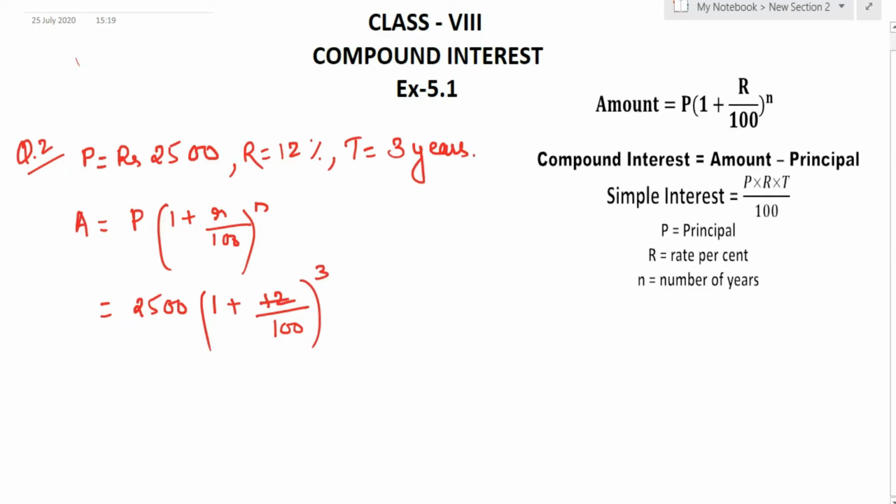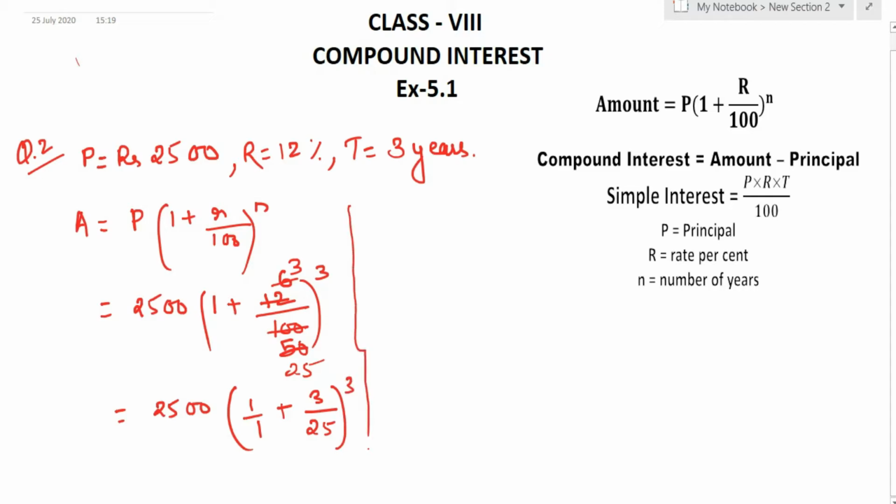Then we can go ahead with 2 sixes are 12, 2 fives are 10, 2 zeros are 0. Then again 2 threes are 6, 2 twos are 4, 2 fives are 10. So finally after cancellation we are getting 2,500 into (1 + 3/25) whole cube. Now we can go ahead by taking its LCM.